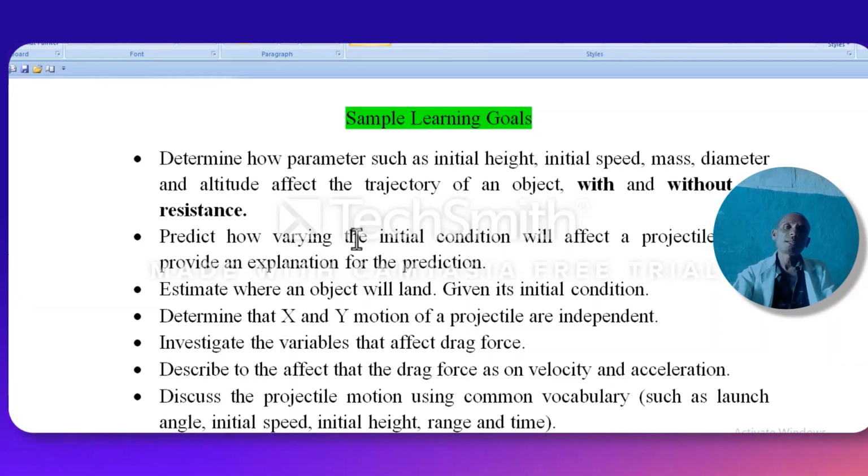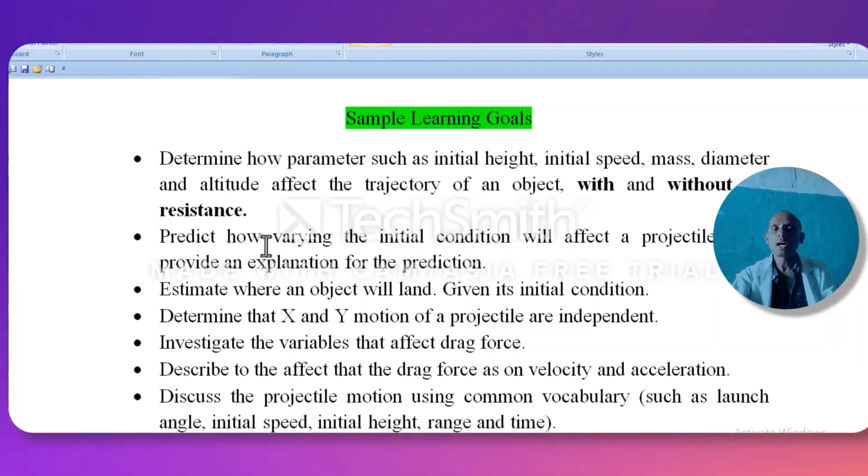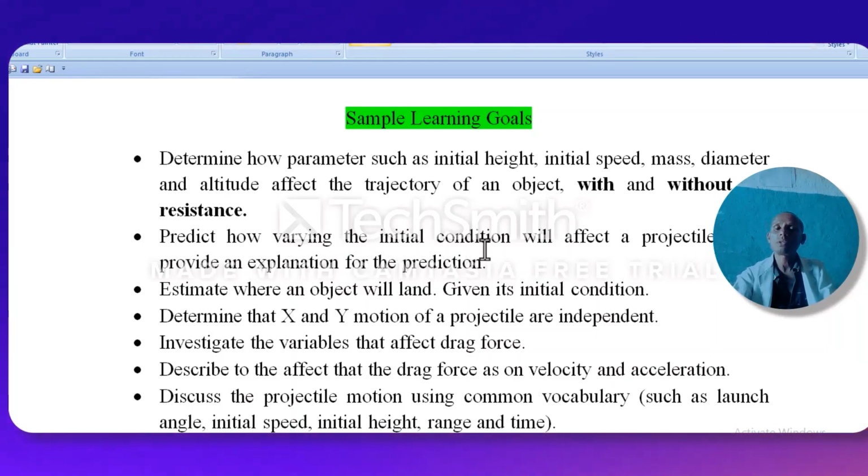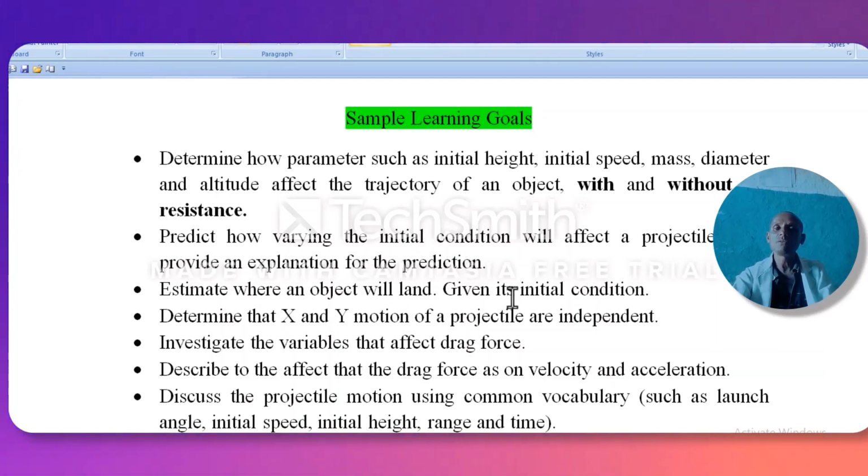The second goal is predicting how varying the initial conditions will affect the projectile and providing explanations for the prediction, and also estimating where an object will land given its initial conditions, and determining that the x and y motions of a projectile are independent.